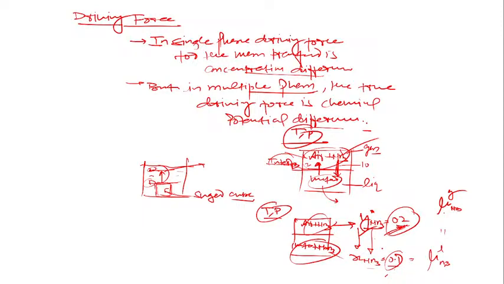So as long as there is a difference in the chemical potential of a species in the multiple phases, there will be transfer of that species. And once the chemical potential of the species in all phases is equal, there is no further transport of that species. Clear to you? Now is this clear?